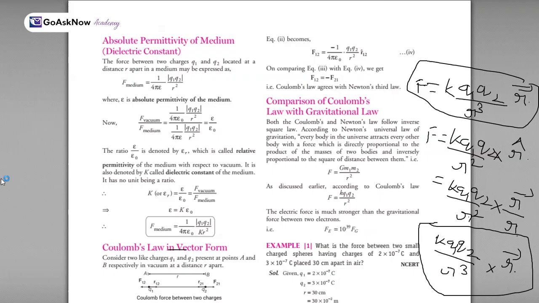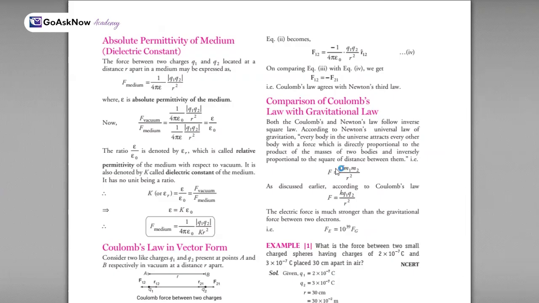Till now we have learned many things from this chapter, like what the charges are, what the property of charges is, what the difference between charge and mass is, and we have learned Coulomb's law and the methods of charging also. So we will see what the difference is between Coulomb's law and the gravitational law.